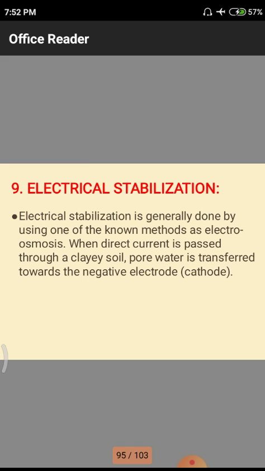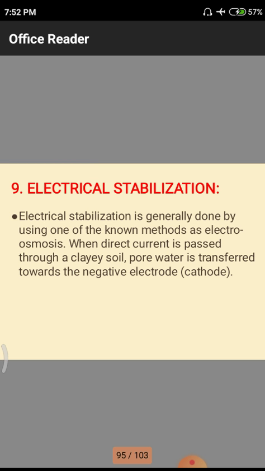So whenever we transfer this DC current to the earth, automatically there will be formation of anodes and cathodes due to their charges. That means positive charge and negative charge. The water will be collected at one electrode, from anode towards cathode. The anode repels the water in the other direction. The cathode attracts the water.